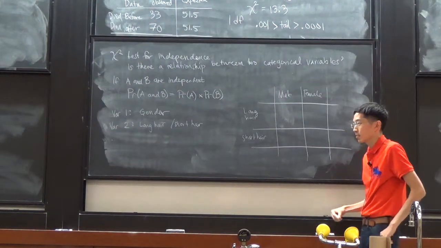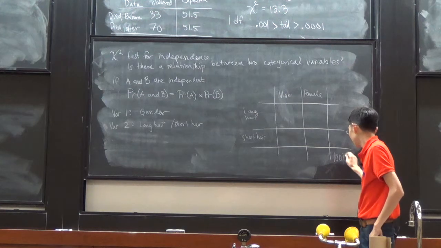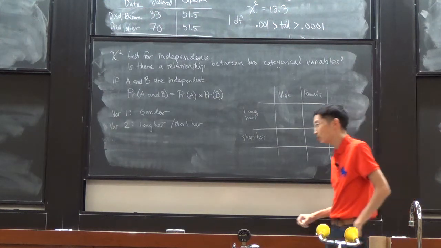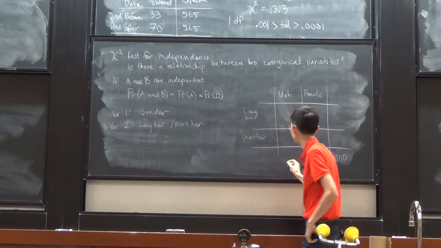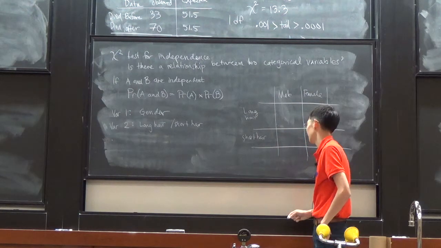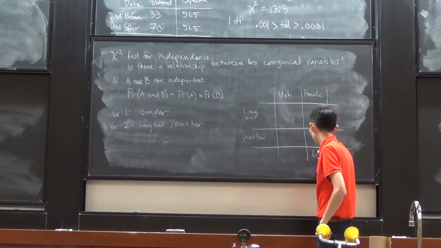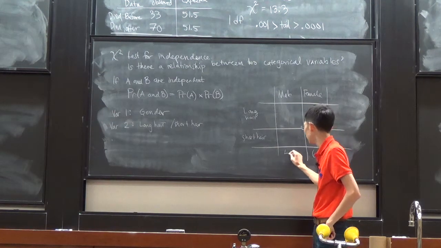Alright, we'll make our numbers easy to deal with. So we'll say we surveyed 1,000 people, and I guess to make this more interesting, let's say we went to a place where there were more females than males.